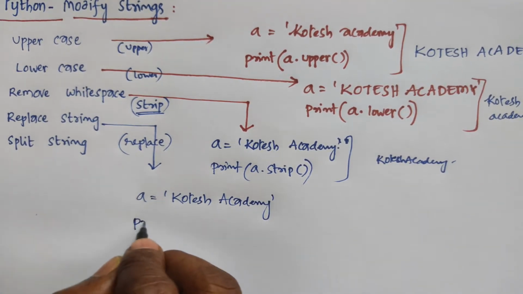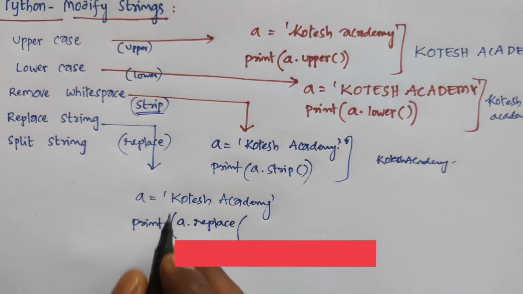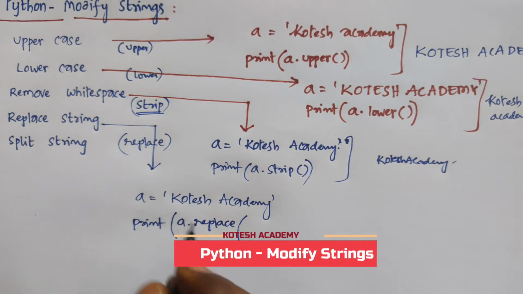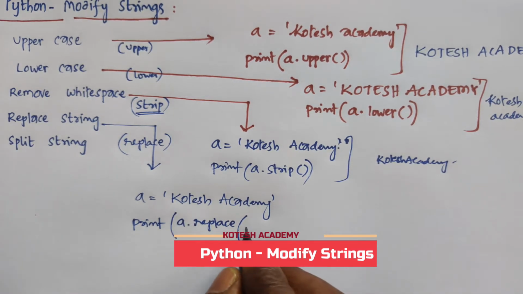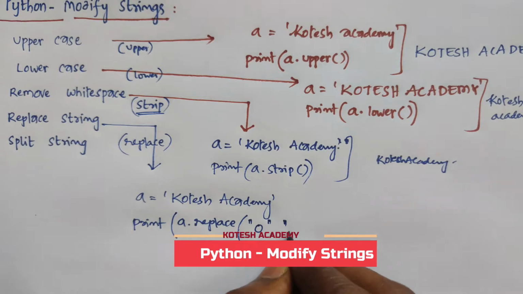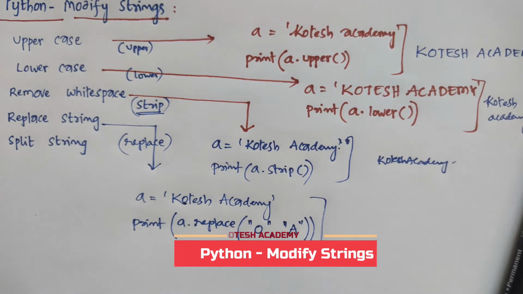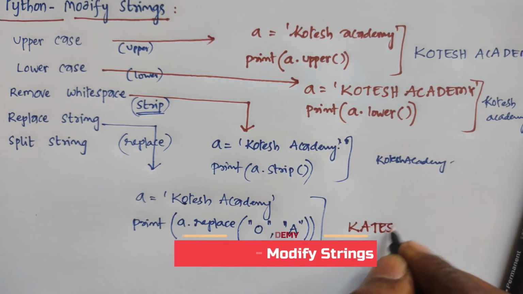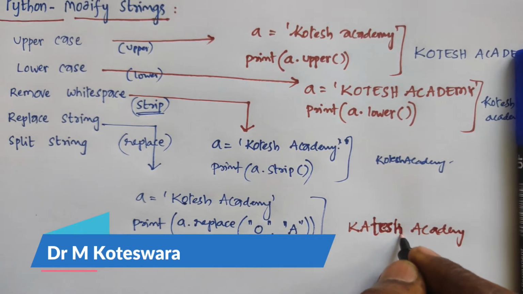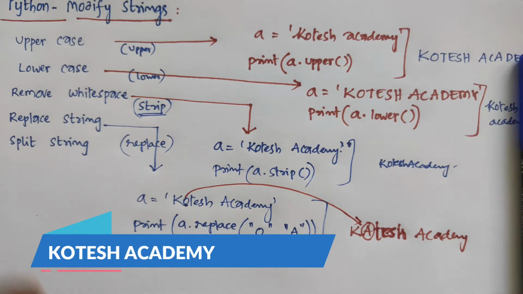Now I have to replace a value, so print of a dot replace, the string value O, which is replaced by capital A. Then after execution, the actual O is replaced by A, the rest stays as it is, and only O is replaced by that value. This is the example for replace string.